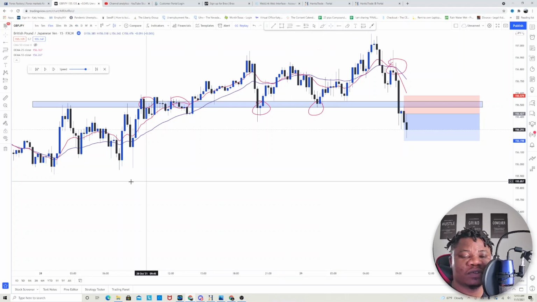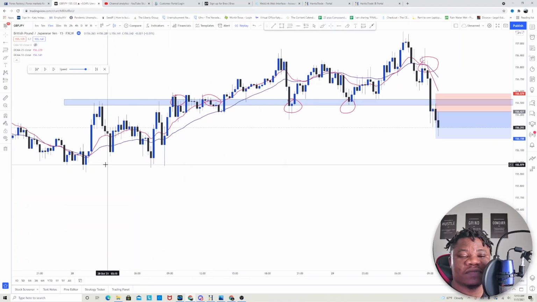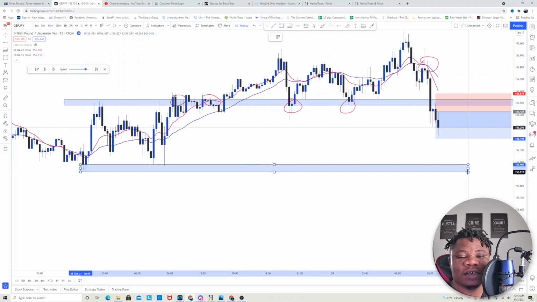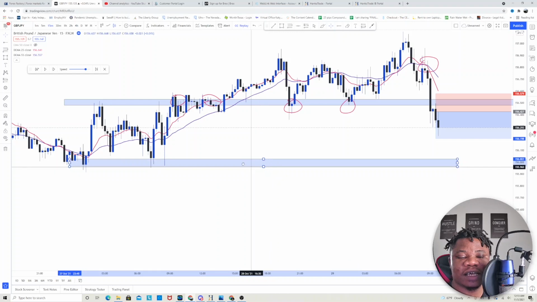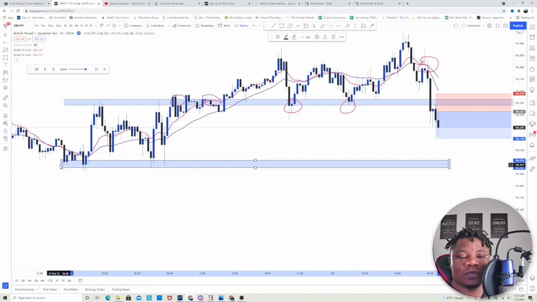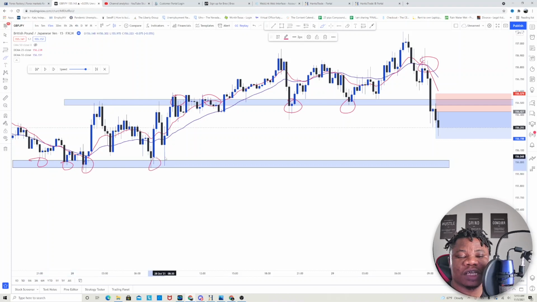So all we have to do is look to the left hand side, and we can potentially target this zone here as our take profit target, because we clearly have a low right over here, meaning this was a support zone. Price found it hard to break this zone multiple times.